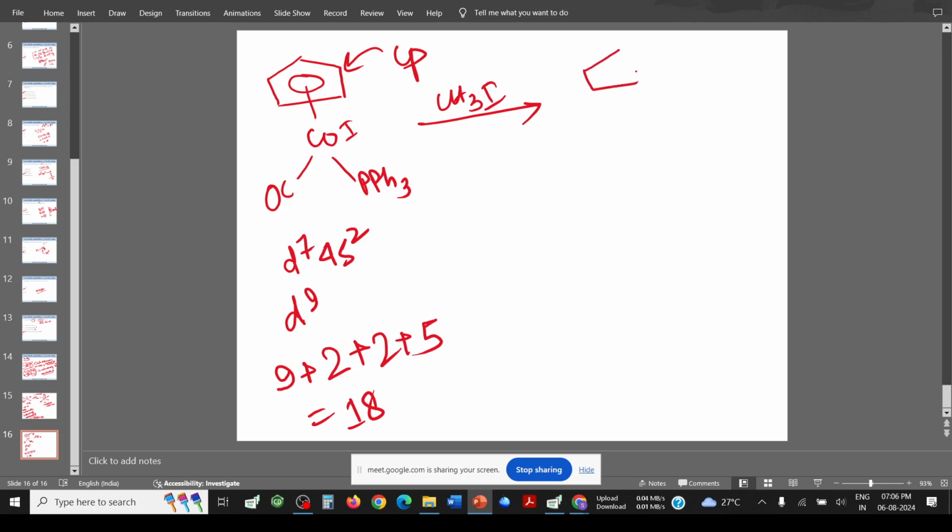So here we have Cp, then our cobalt, CO, PPh3 and CH3. So what will be the charge for the cobalt now? Plus 1. What will be the oxidation state for the cobalt?